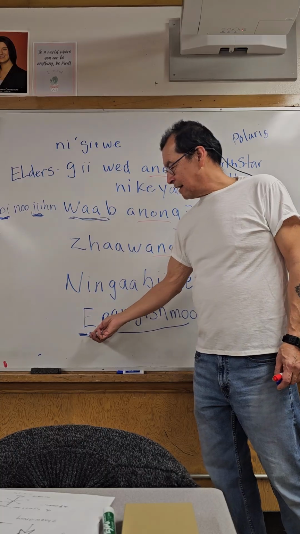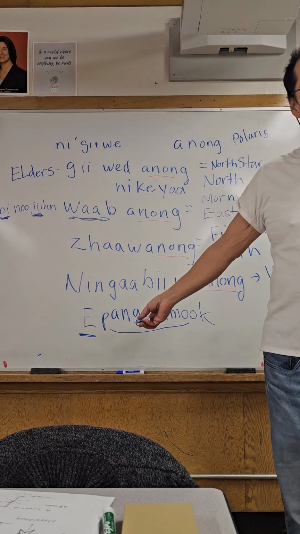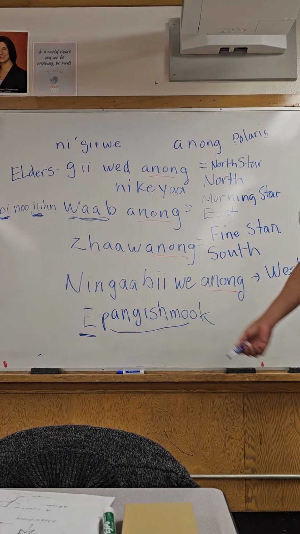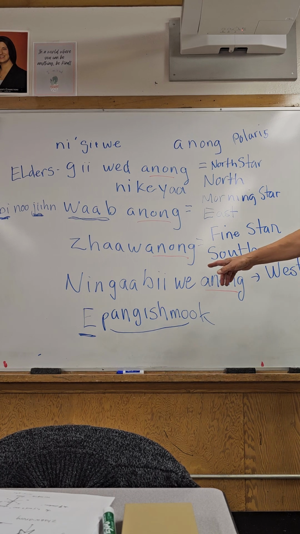And remember that the E in front of Epungishmuk is that state of being. It's bedtime, that's what I'd be told, because the sun had gone down already, so it was time for bed. So Ningabiwe is something about the star of the west.